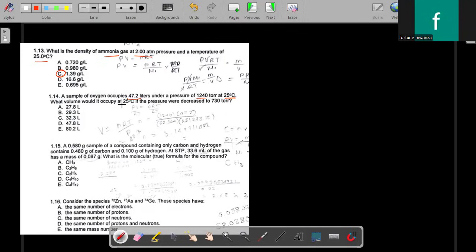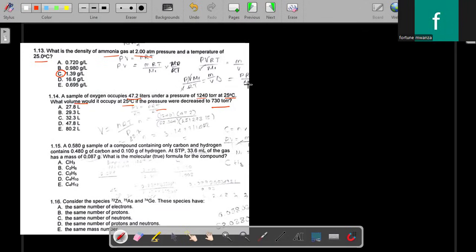What volume would it occupy at 25 degrees Celsius if the pressure were decreased to 730 torr? So we are looking for the volume it will occupy if the pressure was decreased to 730 torr.